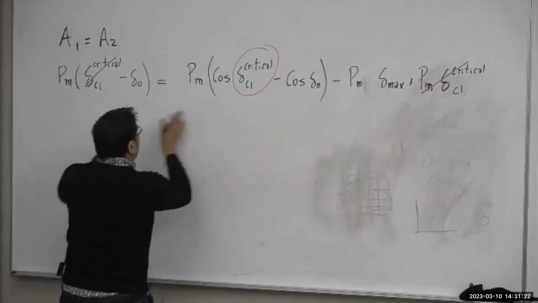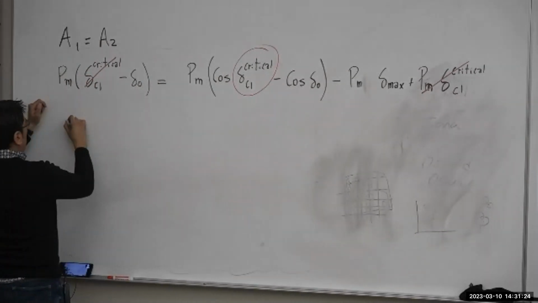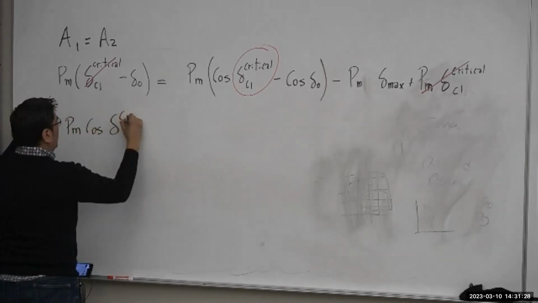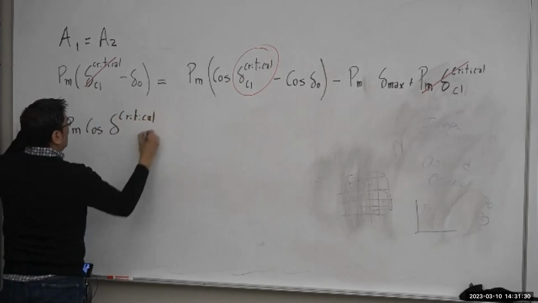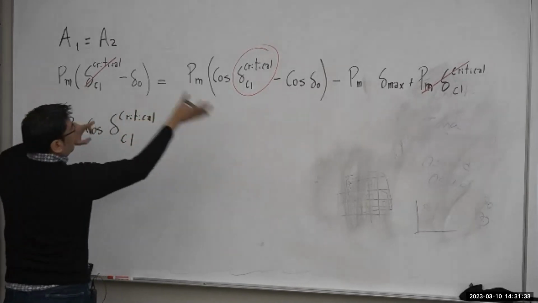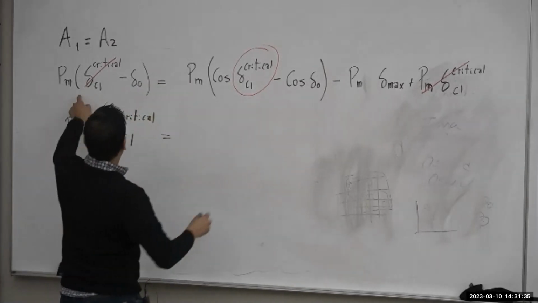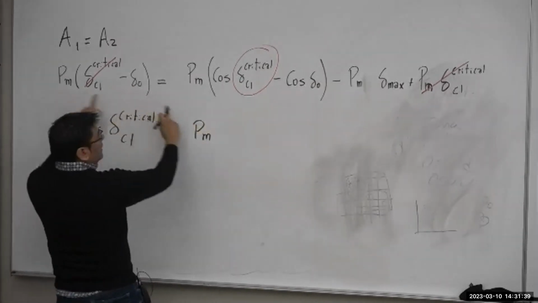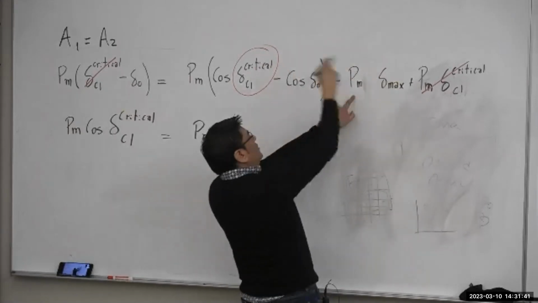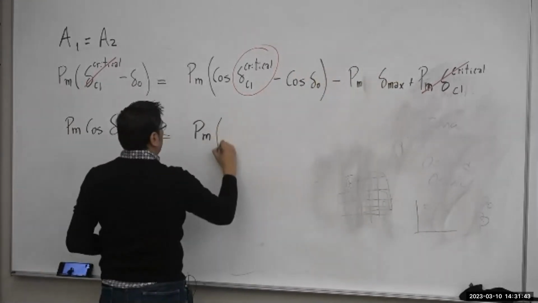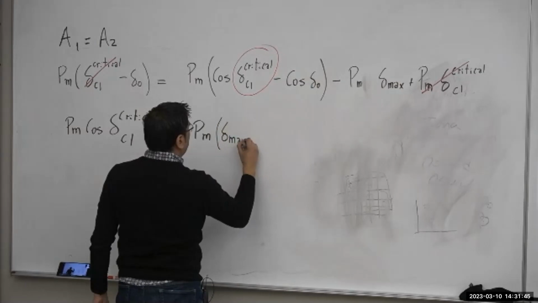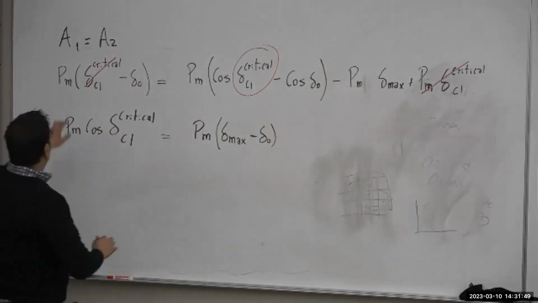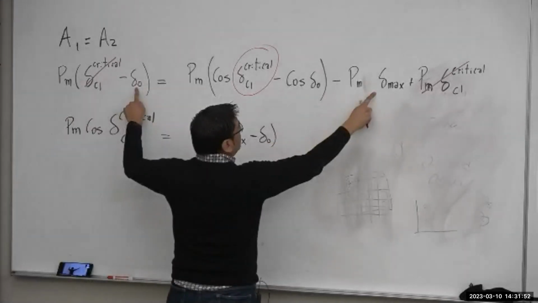Well, we can put this on the left. So we have PM cosine of the critical clearing angle must be equal to PM. This is going to be negative, but this one on the other side will become positive. So this is delta max minus delta zero. So we have already these two terms.